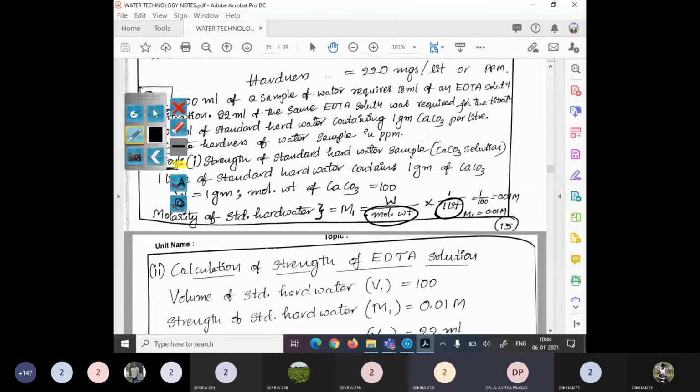This is 1 liter, that means 1000 ml, and this molecular weight of calcium carbonate is 100. If you want to convert milligram per liter into molarity, we will be dividing with 100 and 1000. If you want to convert this M1 into milligram per liter, we will be multiplying that with 100 and 1000.